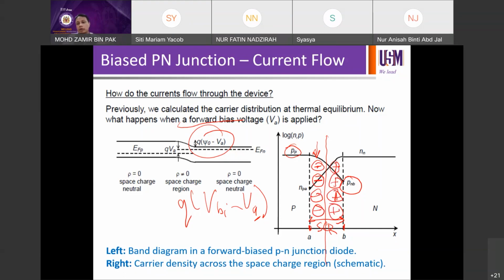So you can draw it like this as well if you want to imagine where the SCR or depletion region is in the picture.